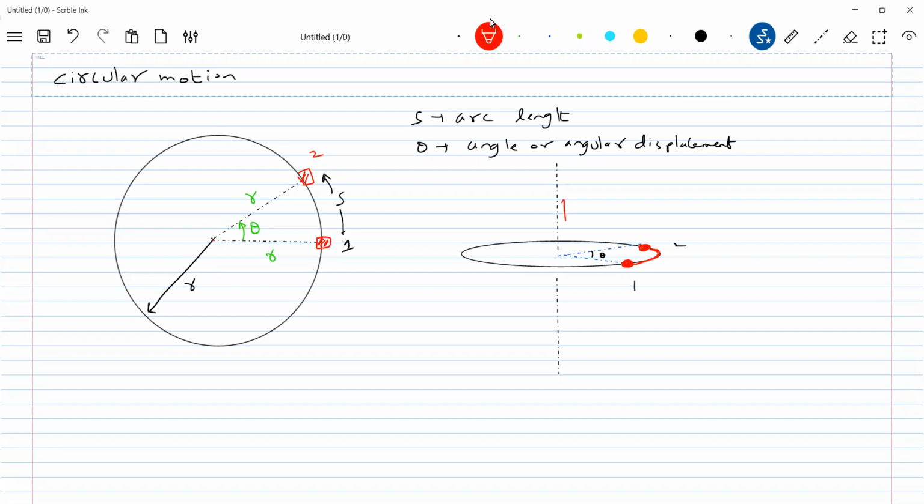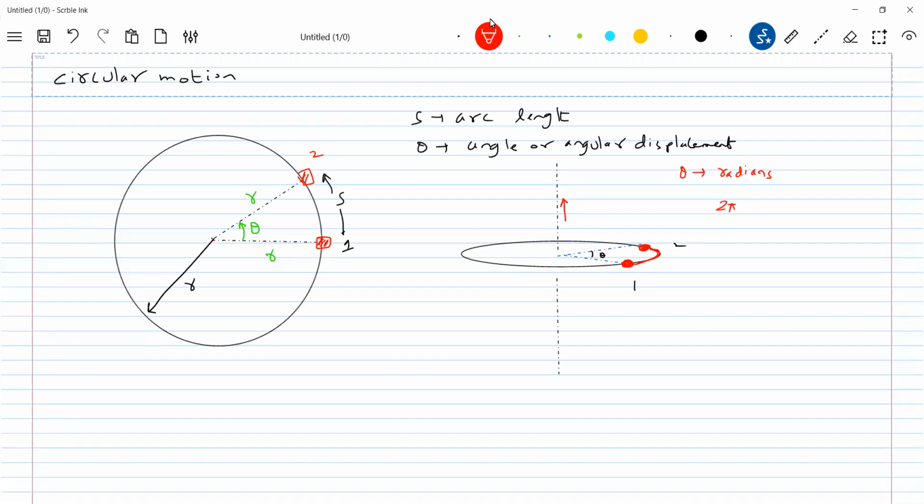Since we didn't bother about it in the geometry we have studied till now. And what is the unit for theta? Theta is expressed in radians here. Of course, we also use degrees, which is the typical one in geometry, but the actual unit is radians.